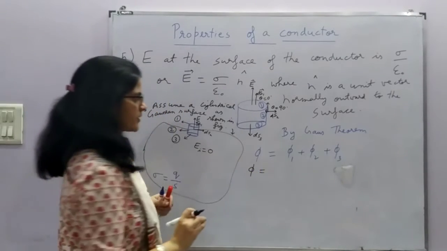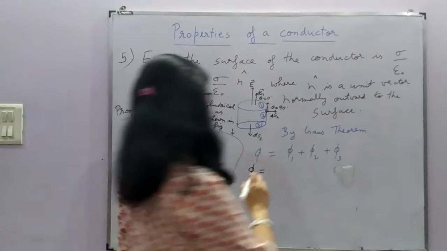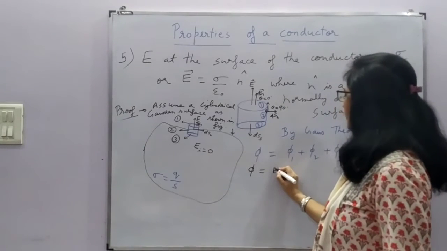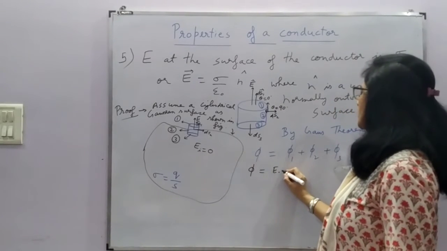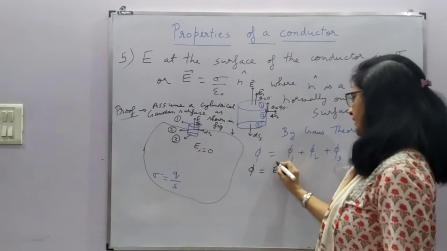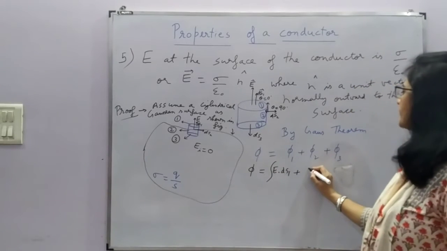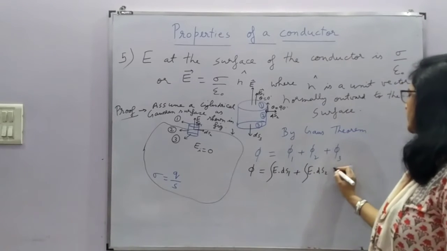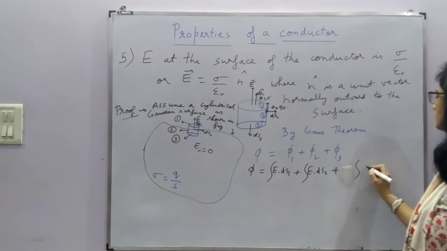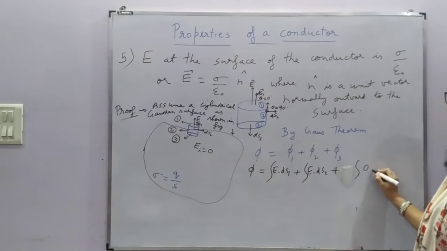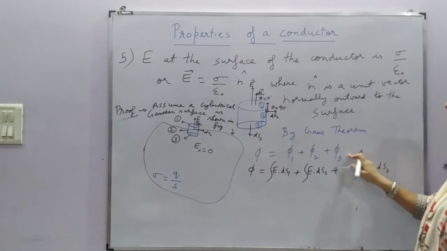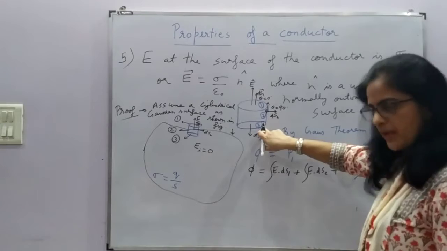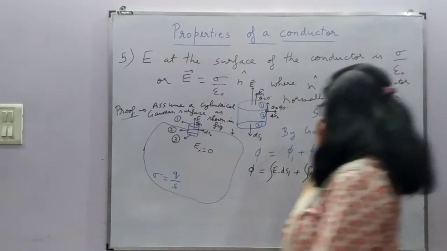So what will we write here? The total flux is equal to integral of E dot ds1, plus integral of E dot ds2, plus 0 dot ds3, because the third surface is the base where the electric field is 0.